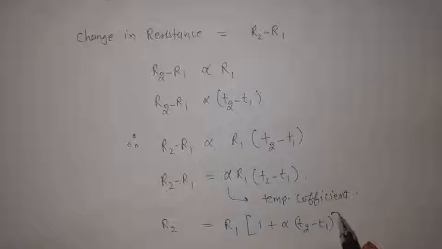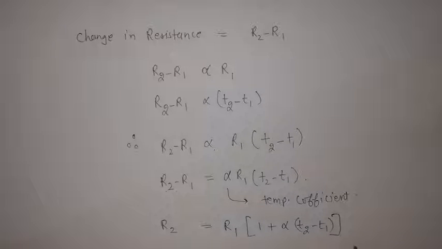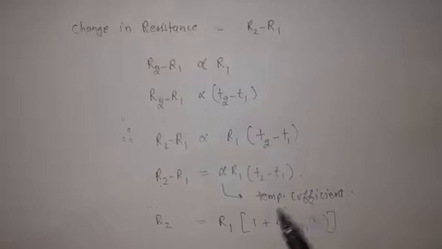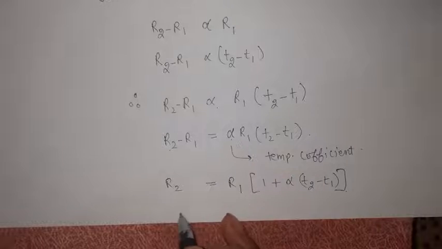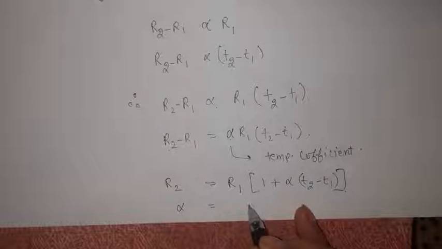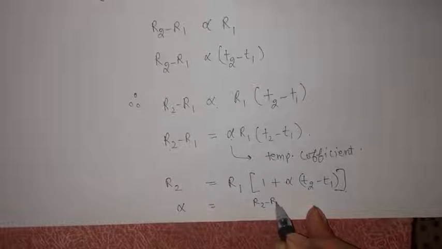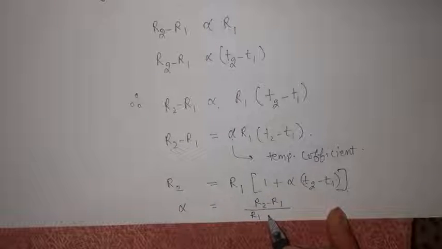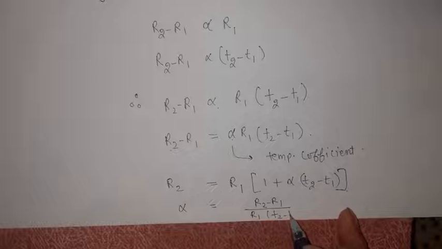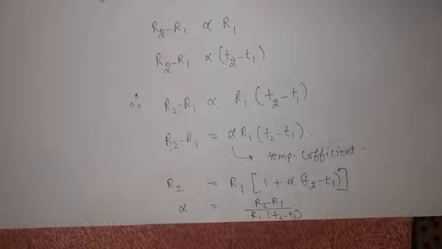Okay, this is that R2 resistance, which is at the T2 temperature. And alpha you can also calculate from here. Alpha is equal to the change in resistance upon the initial resistance into the change in temperature.